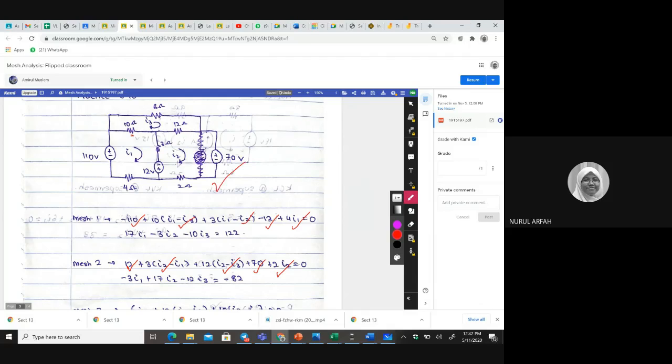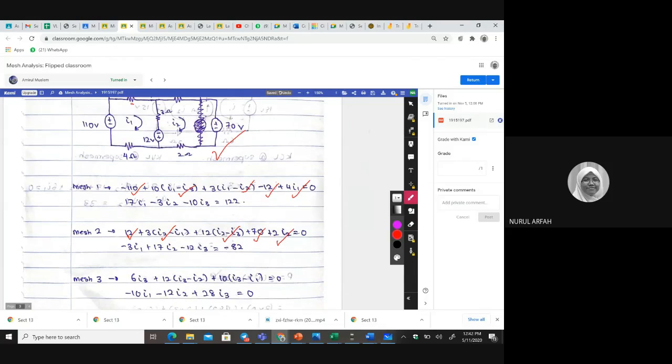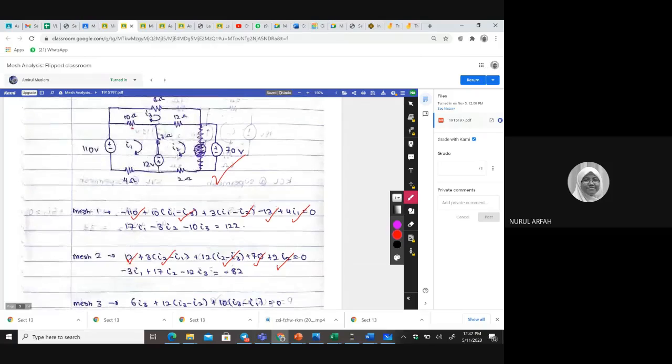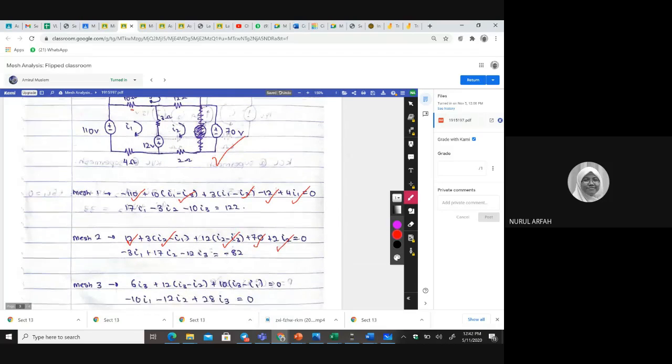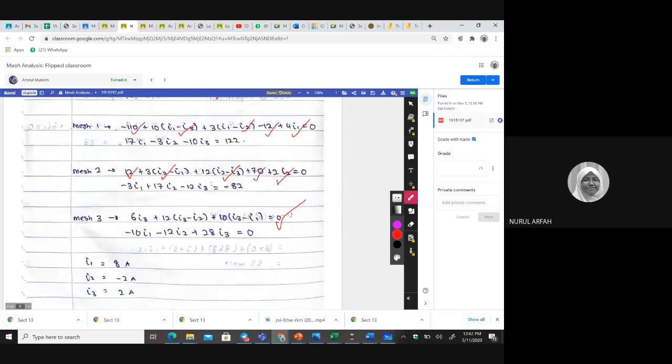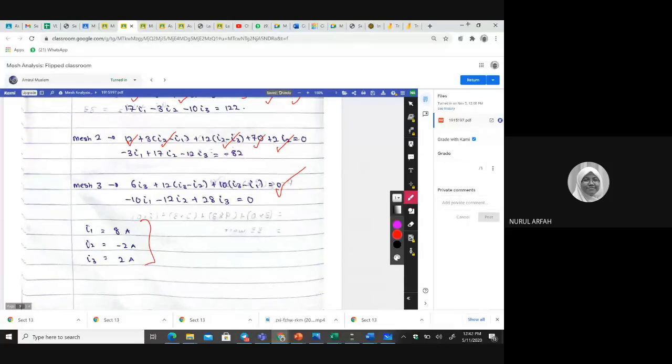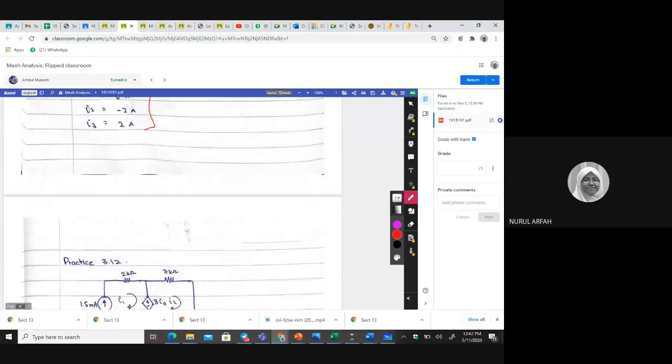This one also correct. And you have the last loop, 6, I3, and then 12, I3 minus I2, yes, and then 10, yeah, betul. Okay, for this answer saya tak tahu berapa jawapannya, tapi nampak cantik je, betul kot.